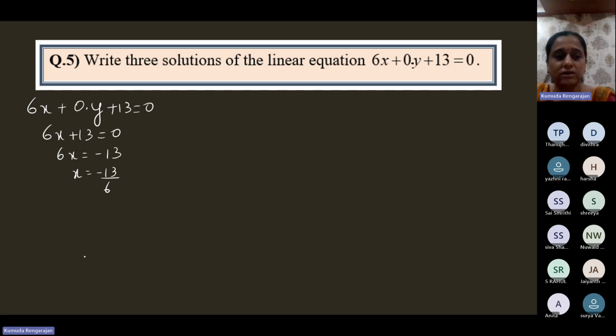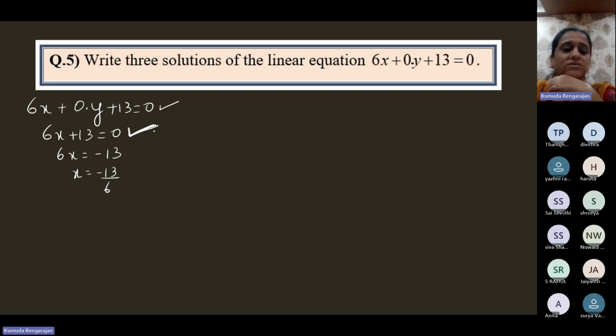Now, when you look at the equation like this, it is an equation in only one variable x, and an equation in only one variable x has only one solution. But they're treating this equation as a linear equation in two variables x and y. That's why they've included 0y.